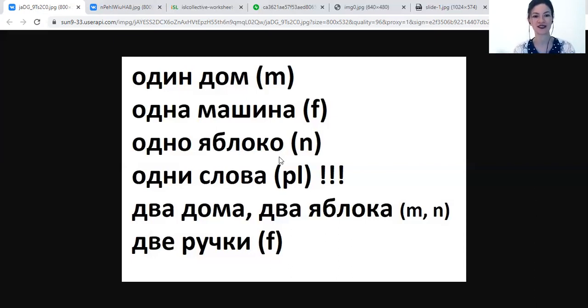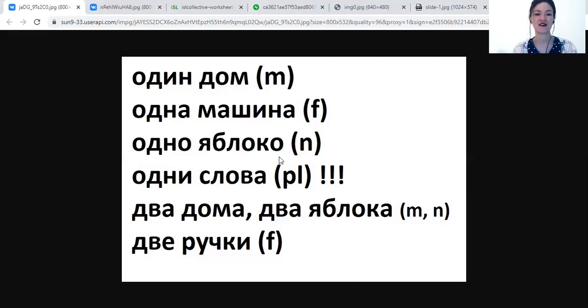Одно яблоко. Яблоко finishes with O, so it's neutral. We must say одно. And even один means something singular, obviously. But in Russian, if you want to emphasize and say "only this," you can say одни, like plural.